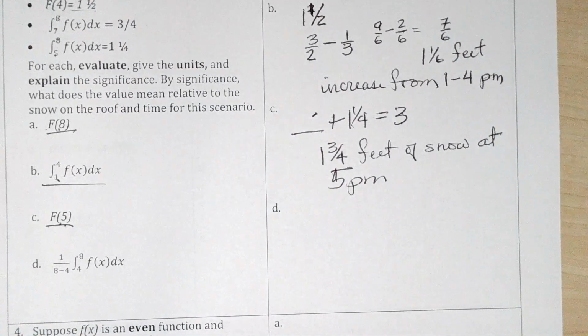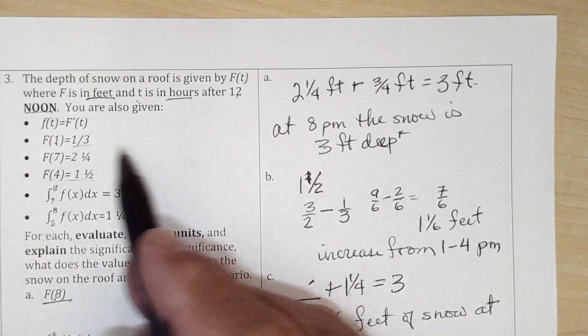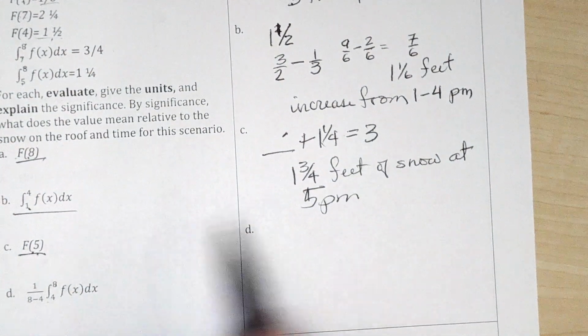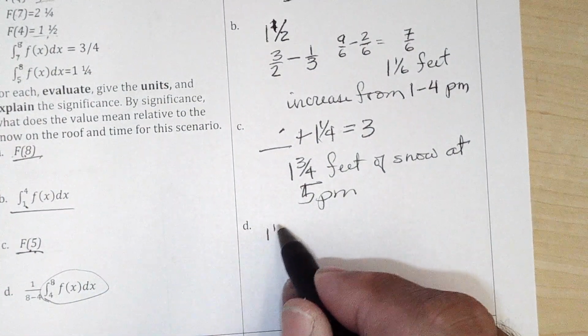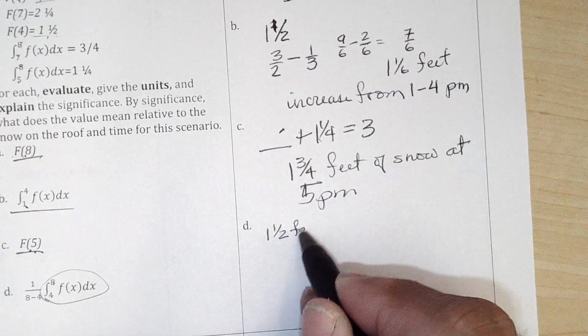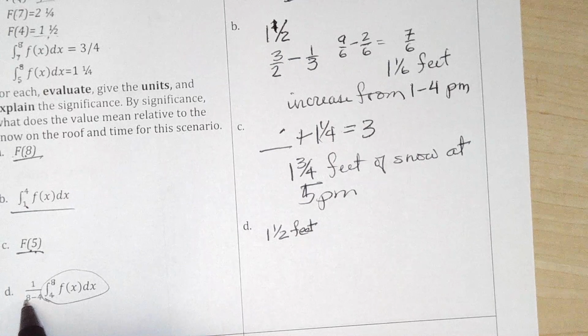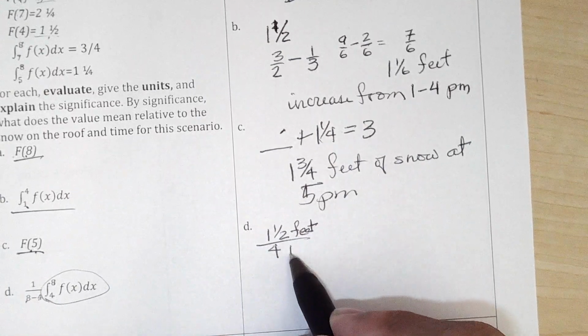And finally, between 4 and 8, at 4 it was 1 1/2, at 8 it was 3, so how much did it increase by? 1 1/2 feet, and it did that over 8 minus 4, over 4 hours.